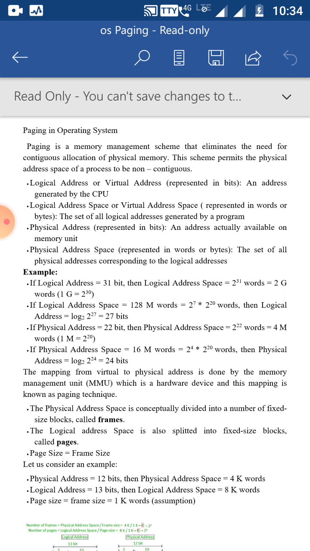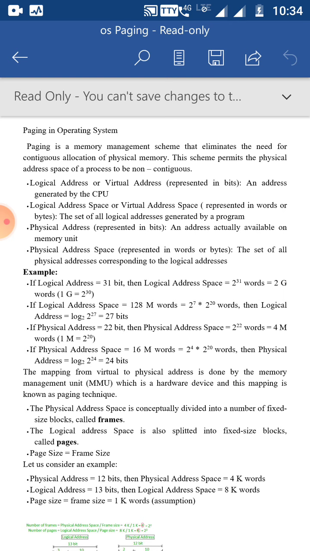Now the program to be executed is available in the hard disk. For your understanding, the size of the program is 65 bytes.